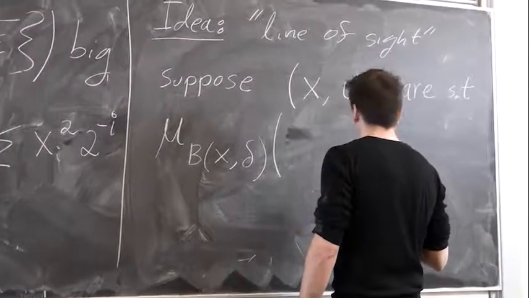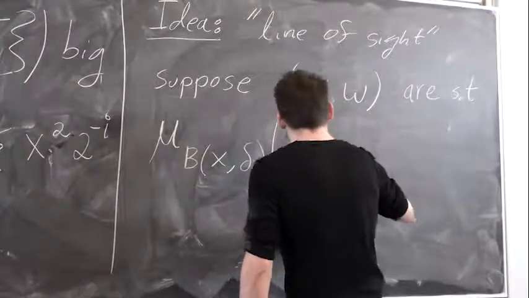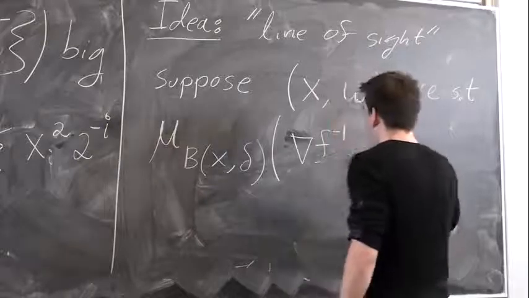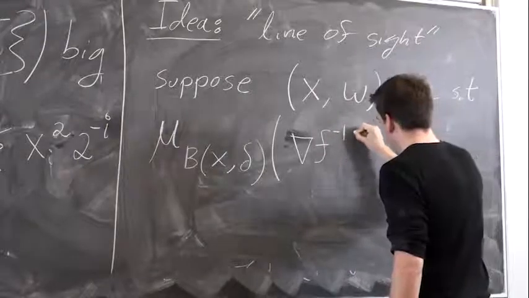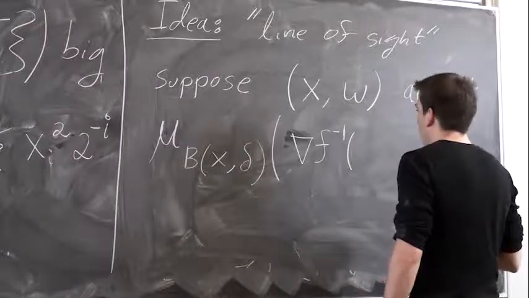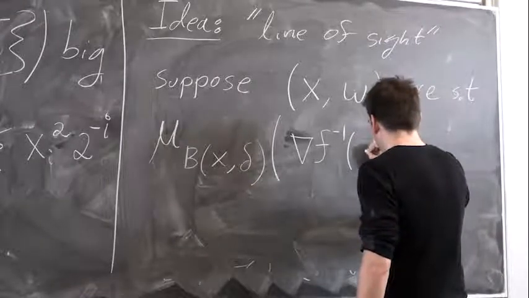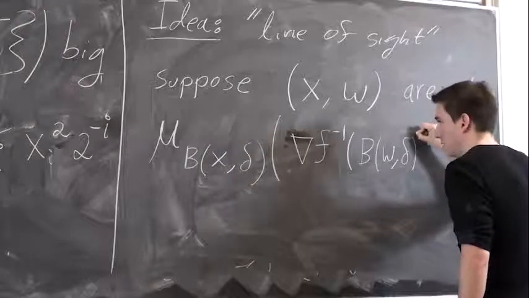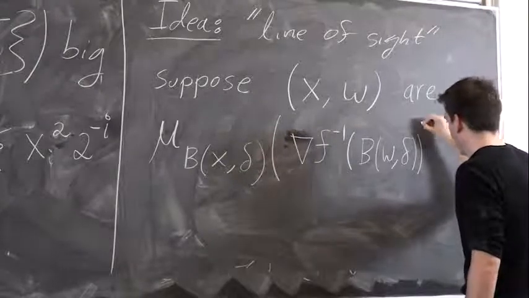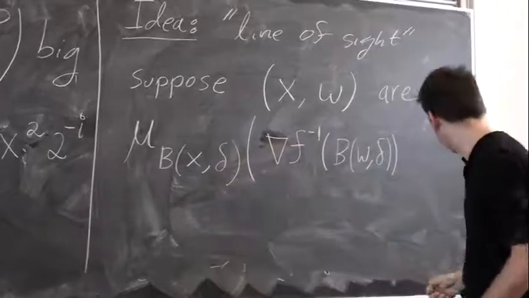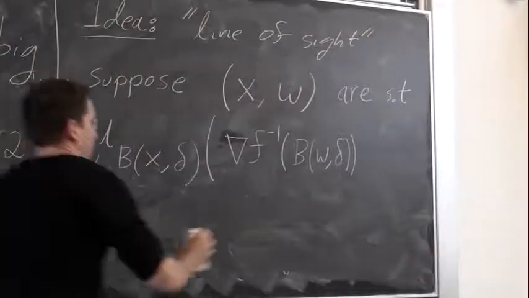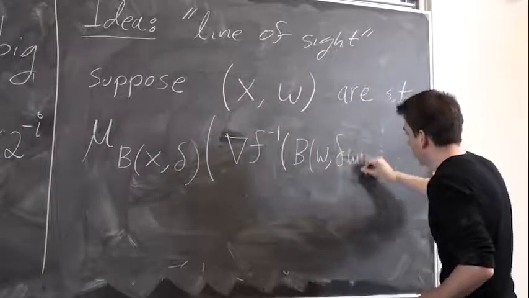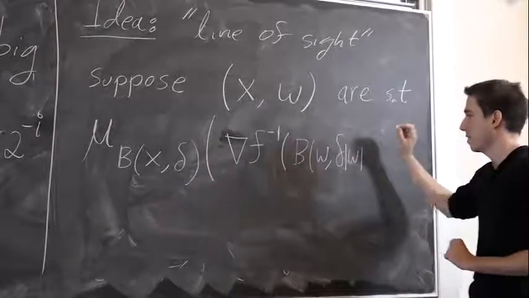I take the gradient of f inverse at the point, applied to a ball centered at w with radius delta times the norm of w.